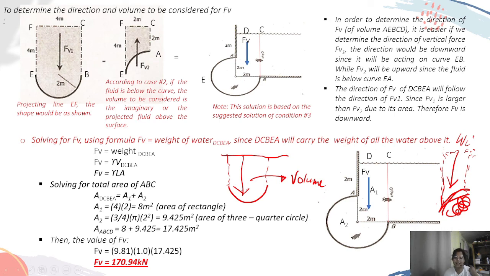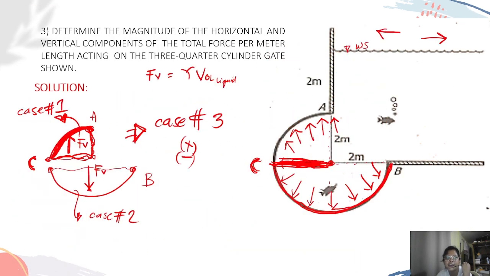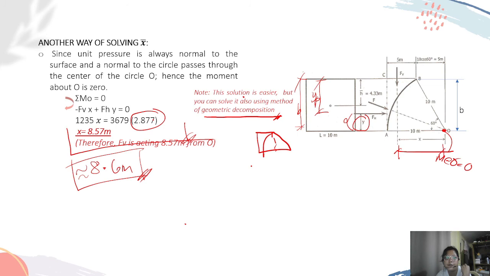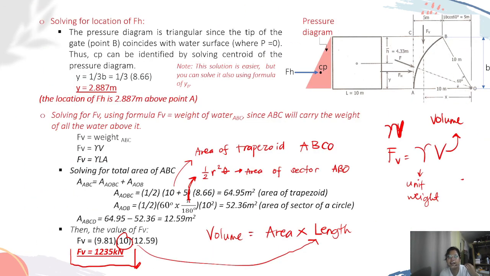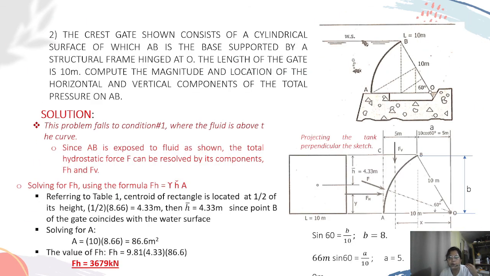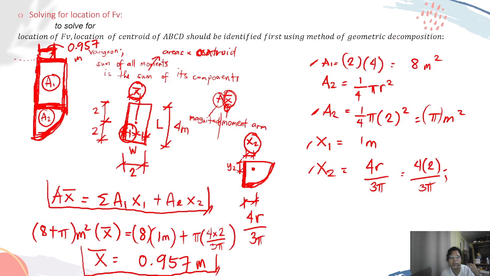Okay? So lahat nung naging example natin kanina, napapansin nyo, falls under category number 1, where the curve is below the water surface.